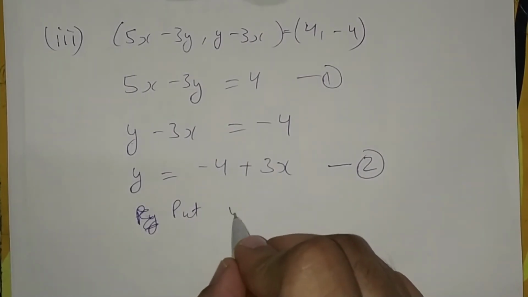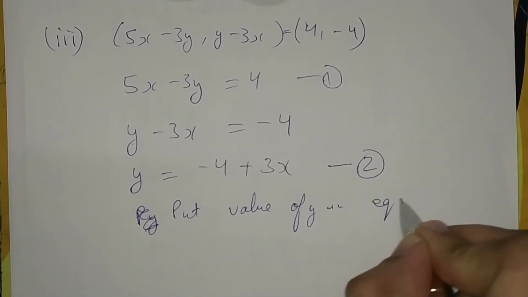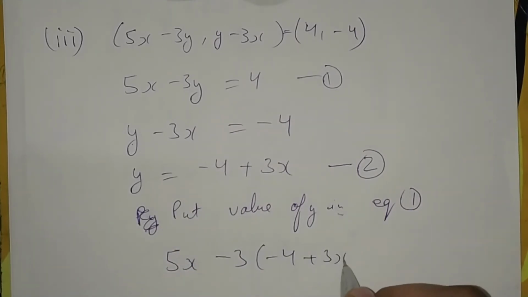Put the value of y in equation 1 here. So 5x minus 3y, y is minus 4 plus 3x, is equal to 4.